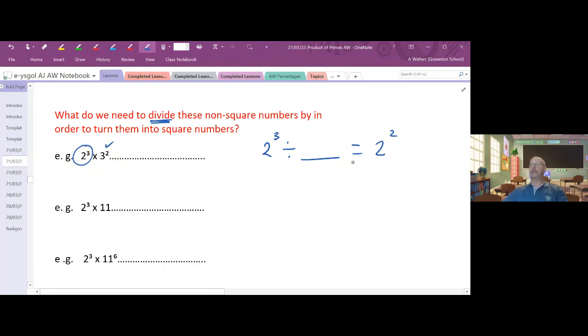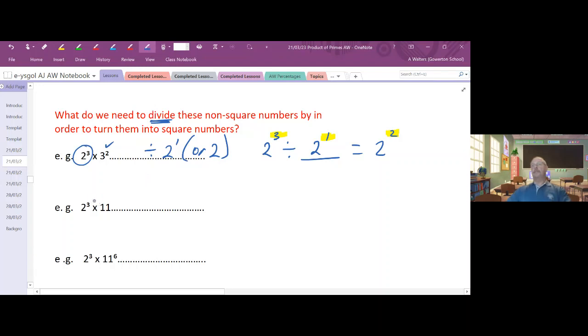Now, the division law of indices is telling me that this should be 2 to the power 1, because what you end up doing is you say 3, take away 1 gives you 2. So what's missing? You don't put times, you say you divide by 2 to the 1, or you can just write 2. You don't even have to say divide.